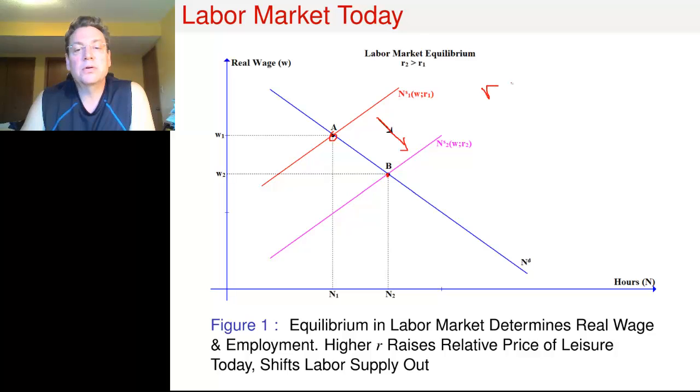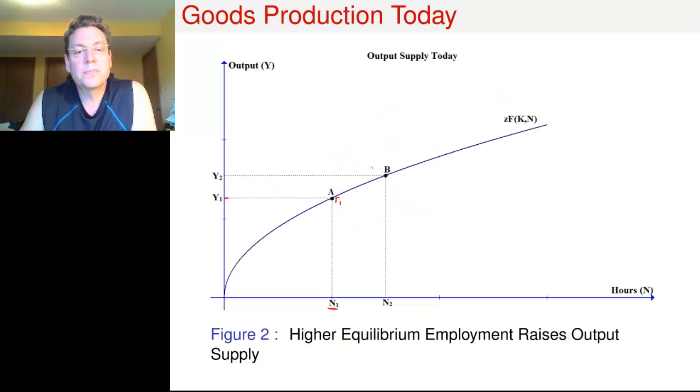Remember, what's happening here is the real interest rate goes up. So for any given wage, consumers now want to supply more labor. And firms are willing to slide down this demand curve because the wage is falling, so they want to increase the quantity of labor that they employ in order to drive down the marginal product of labor to keep it equal to the wage. Then we get a higher level of employment.